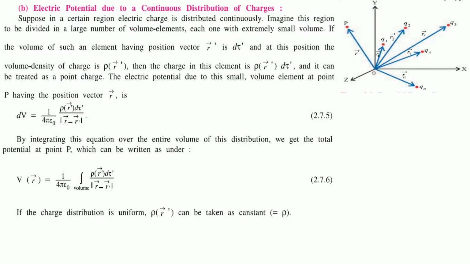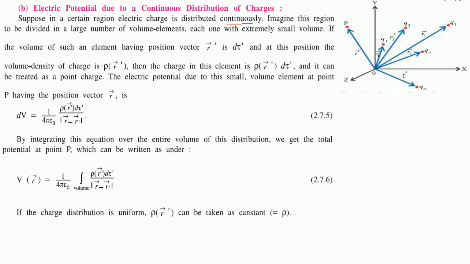If we have a continuous distribution of charges, suppose in a certain region electric charge is distributed continuously, you need to imagine this region as divided into a large number of volume elements, and these volume elements have a very small volume.